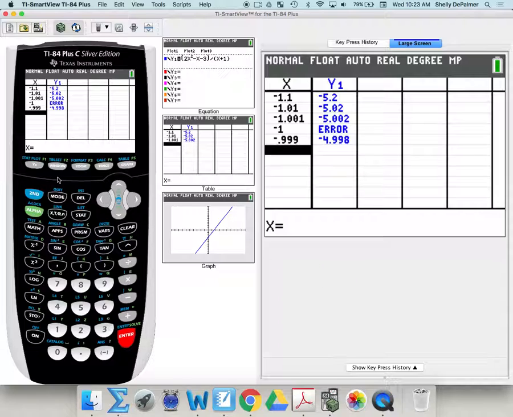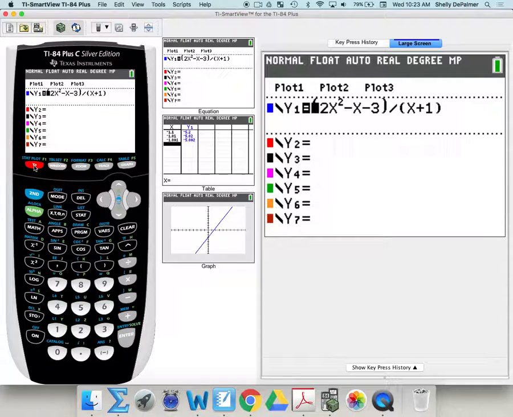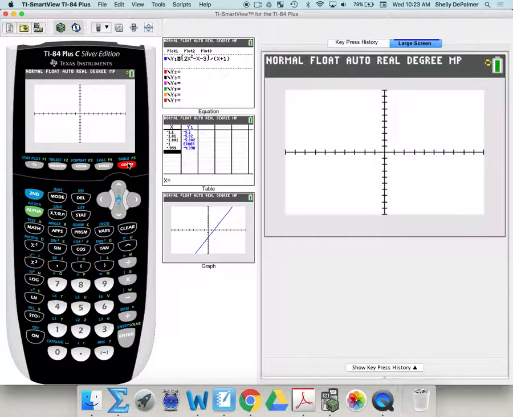And now we're going to do these graphically. So this one graphically, we already have it in there, y equals, and we can just look at the graph. And this is what the graph looks like. It almost looks like a straight line, but it's clearly, well, I don't know if it's clearly not a straight line.